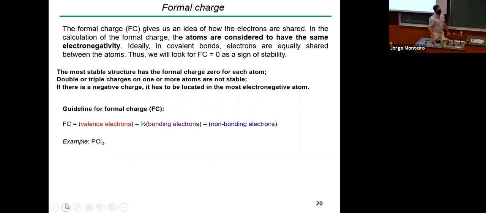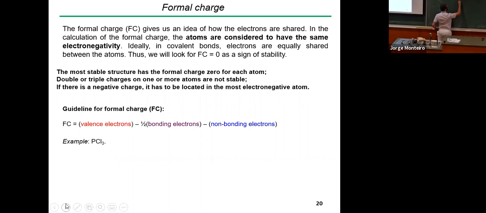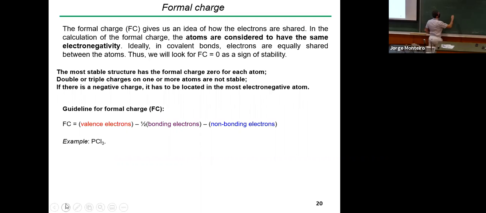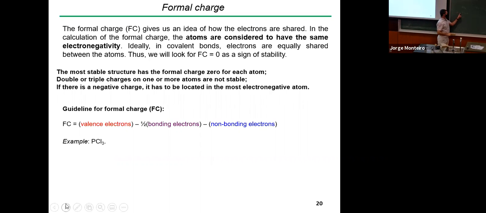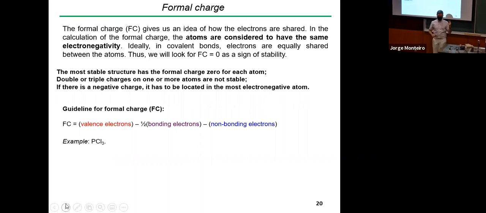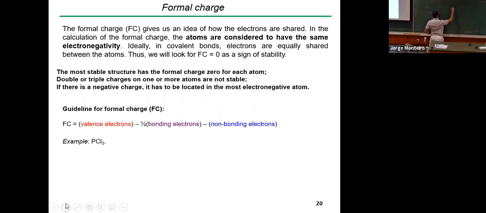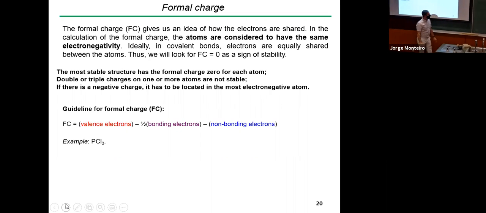Number of valence electrons is 5, minus half of the bonding electrons. Each bond will have 2 electrons, okay? So each bond will have 2 electrons. 2, 4, 6, minus the number of non-bonding electrons.